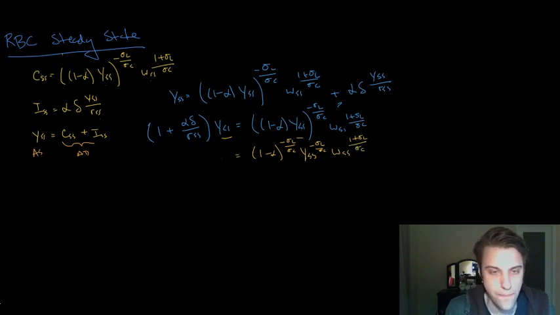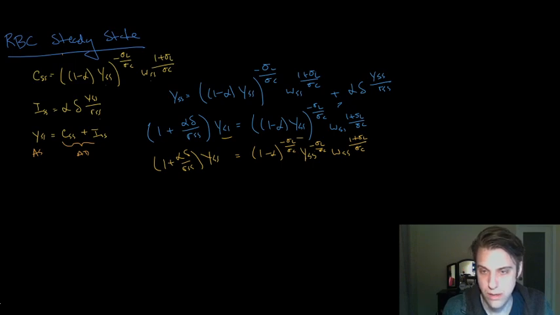Okay, and then over here I have (1 plus alpha delta over R_SS) Y_SS. So now I can divide by Y_SS. I guess I could multiply by this one, right? Because this minus is the same thing as 1 over. So I can multiply both sides by Y_SS to the sigma_L over sigma_C. Then I'll add these together and I'll get 0, right?